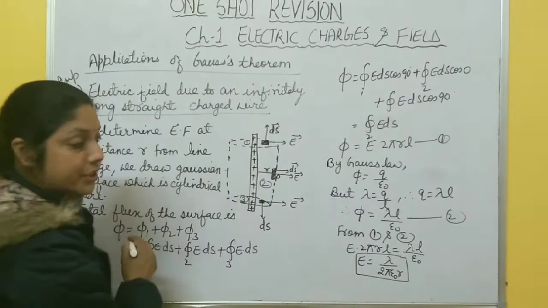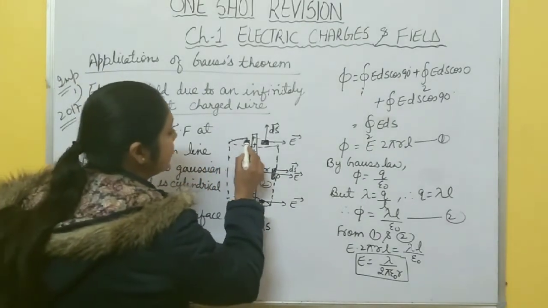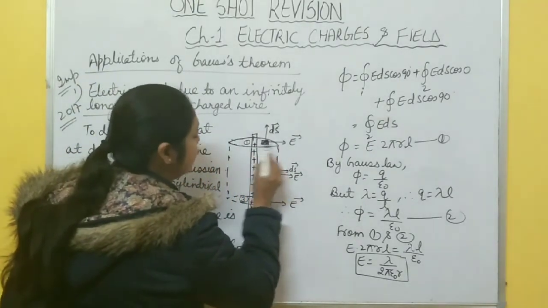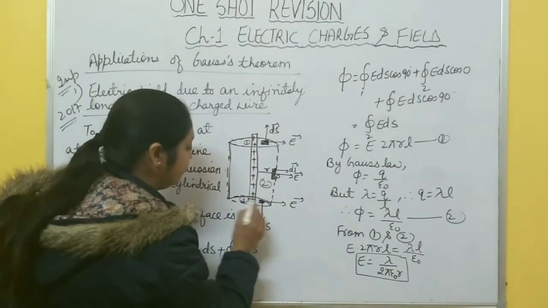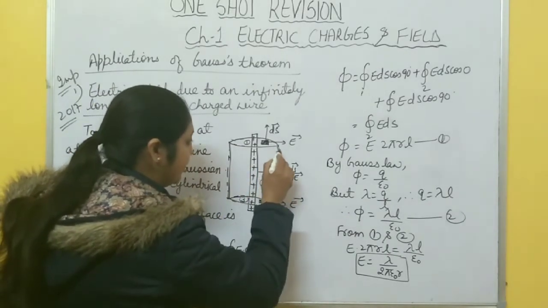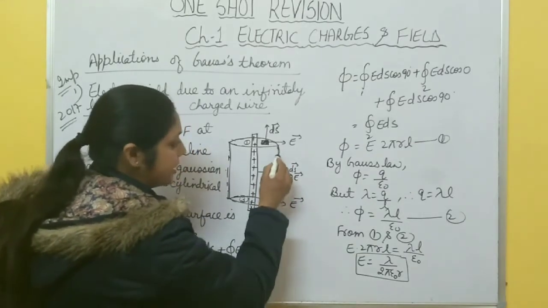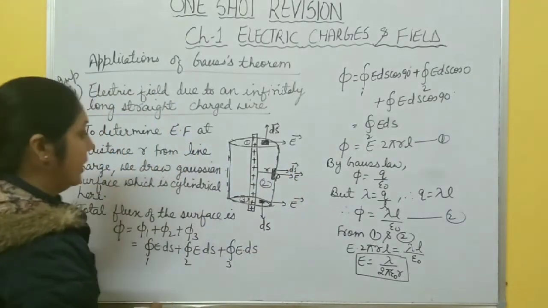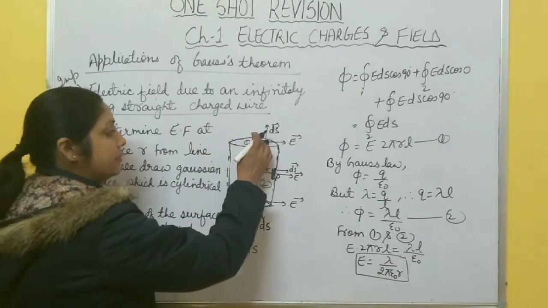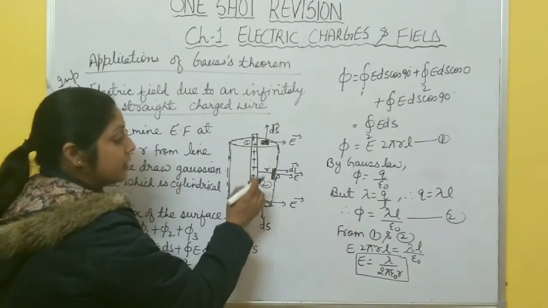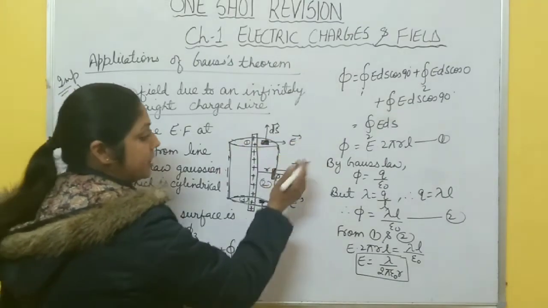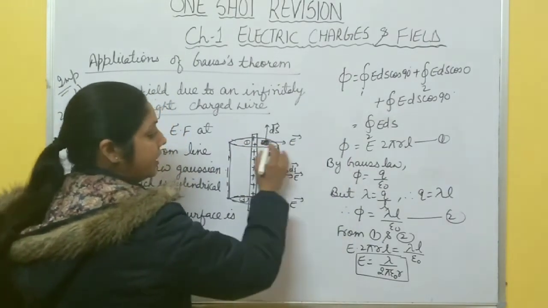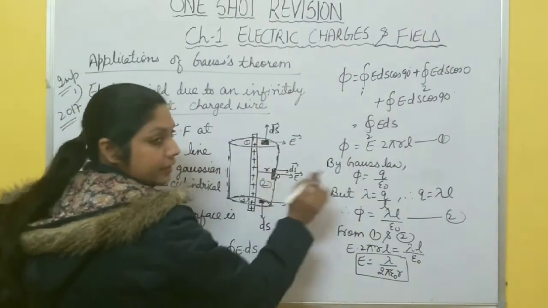This one is a cylindrical Gaussian surface, right? Because at each point on this Gaussian surface electric field is the same, and as it is a positive charge, the electric field direction is away from this charge. It means towards this direction. Like the direction of electric field is this one.